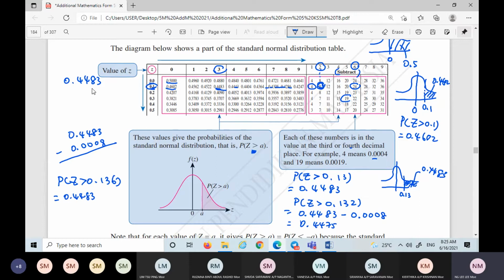Same thing, I align with the last 2, I write the 24 with minus, then the rest I fill out with 0. This is how I do it. So this one goes minus 0.0024. Then the answer is 4459.